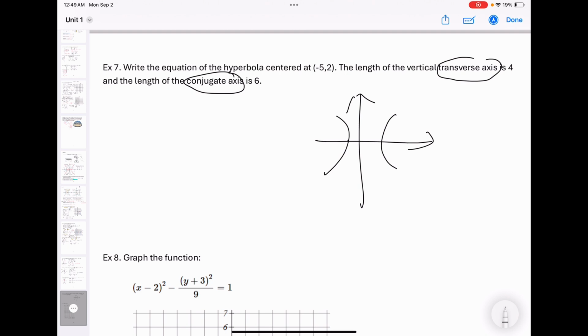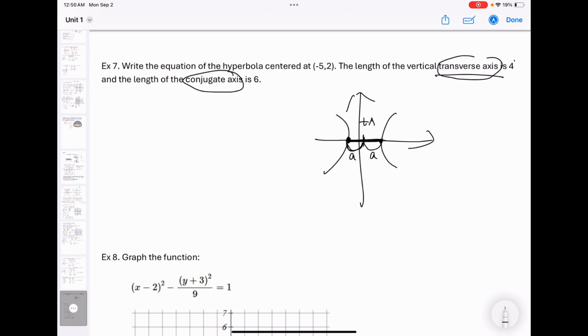For example, the distance between the two vertices, from here to here, is the transverse axis. Let's use TA to represent the transverse axis. From the center to here is A, and double the A is the TA, the transverse axis.